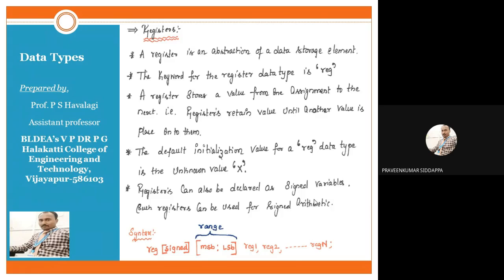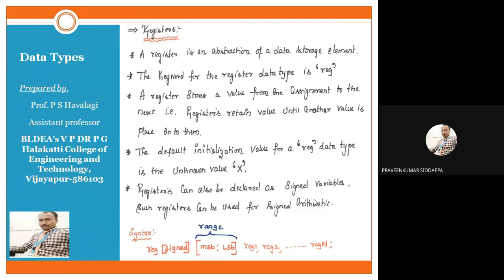What default value will it take if you have not given any inputs? You are writing the program but you are not giving inputs, and that code is written by using a register data type. At that time both inputs will take X by default. That is it. Okay, we'll move to the next.